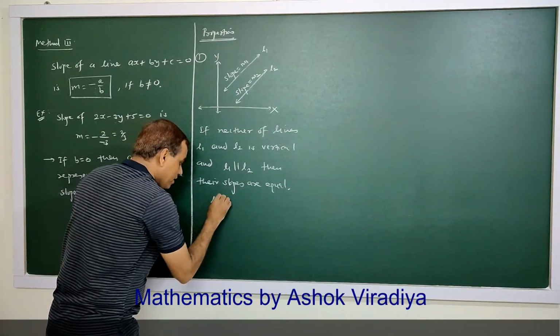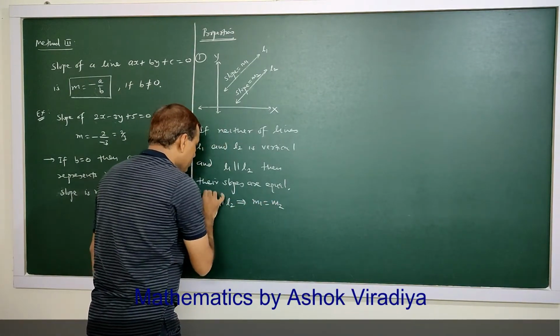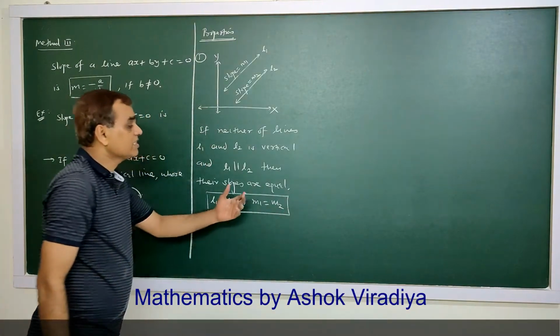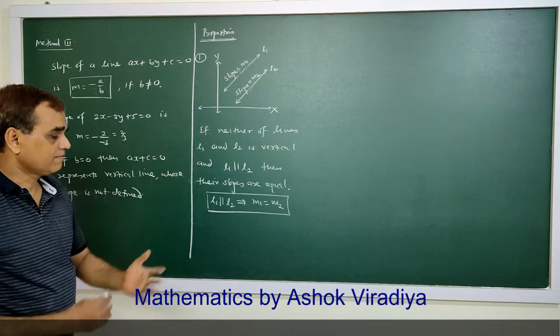That means L1 parallel to L2 implies m1 equals m2. Two parallel lines have the same slope, but neither of the lines must be vertical.